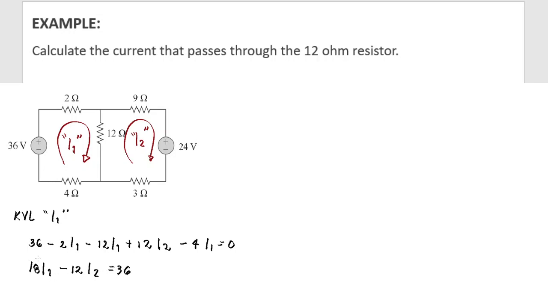As long as the form of our equation is the same as the calculator, unknown, then constant. I don't want to simplify that further to avoid any carelessness or mistakes. So this will be my equation 1. For equation 2, I will form the KVL equation for loop I2.